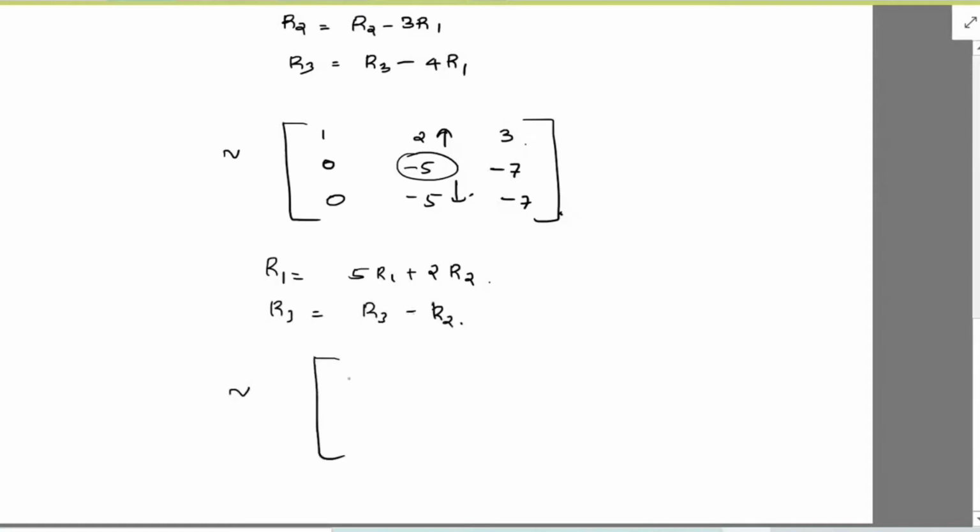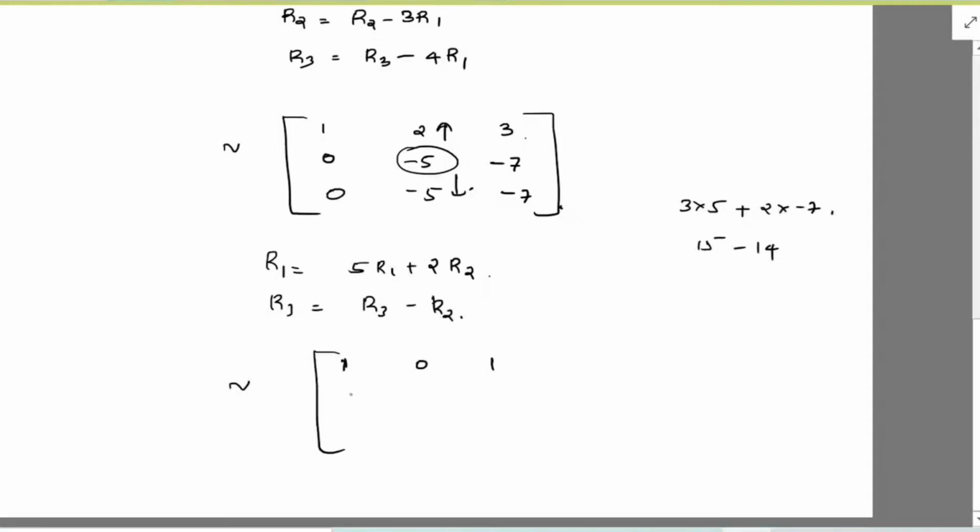So this will become 1, 0. The next element in the first row will be 3 into 5 plus 2 into minus 7, which is 15 minus 14, that is 1. There is no change in the second row, that is 0, minus 5, minus 7, and the third row will be 0, 0, 0.